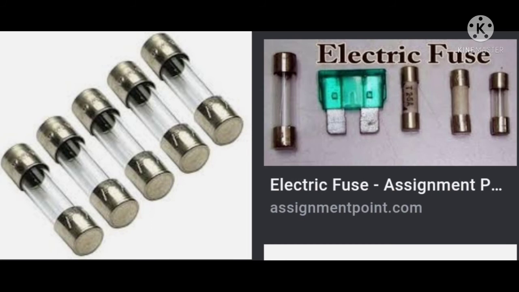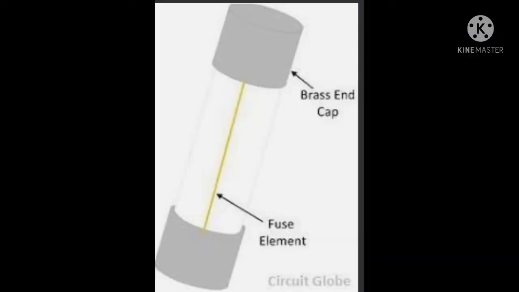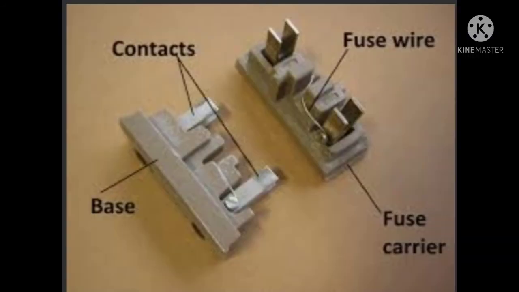To prevent electric appliances from getting damaged by an excessive flow of current, a safety device called a fuse is used in the electric circuit. An electric fuse prevents a large amount of current from flowing into any appliance or device as it cuts off the supply of electric current, thus preventing further damage.